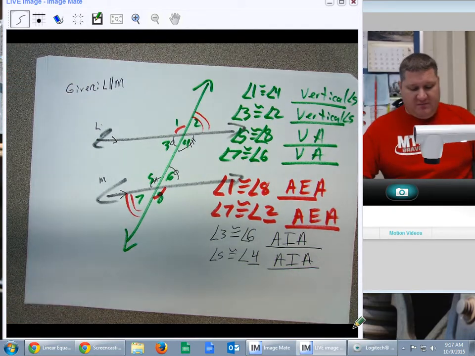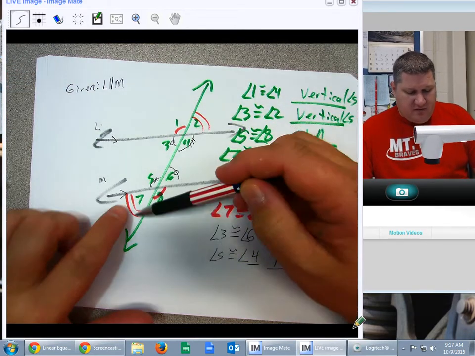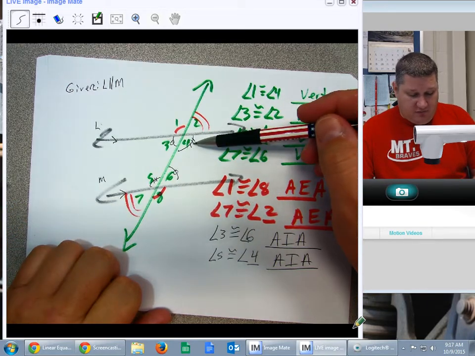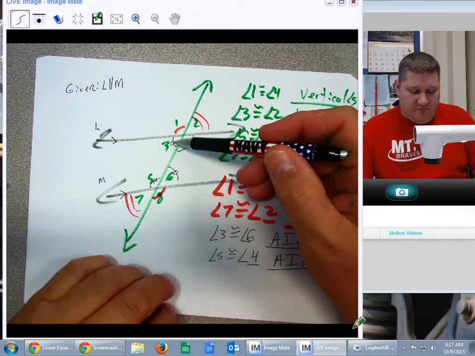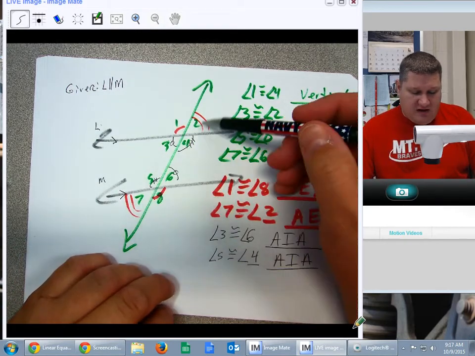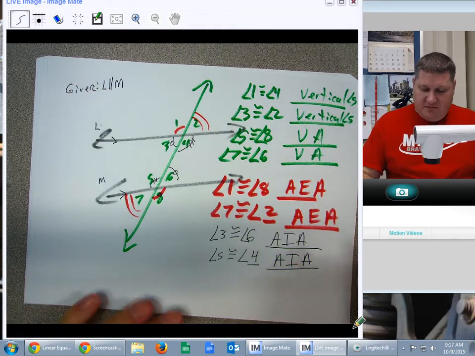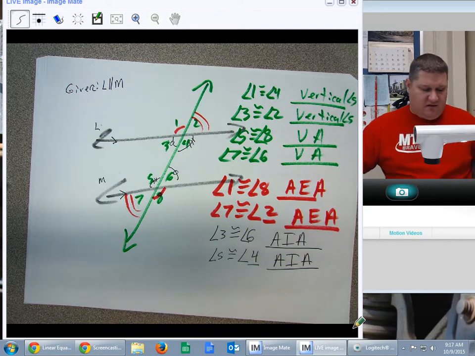Now you'll notice, by the way, look at my symbols. One little arc, two little arcs, two little arcs. One's an arc with a circle, one's an arc with 3 little slashes. It doesn't matter, but as long as you put the same symbols in each place, they're showing that they are congruent. Now, so we have vertical angles, alternate exterior angles, alternate interior angles.